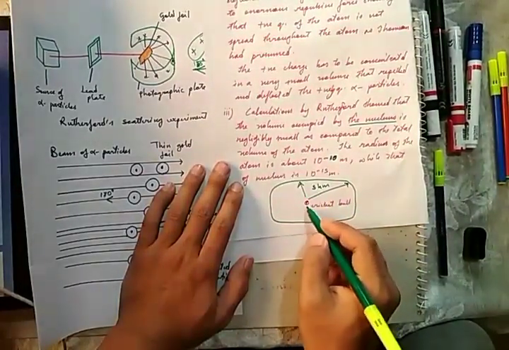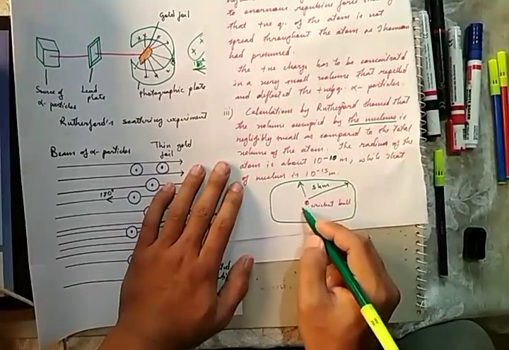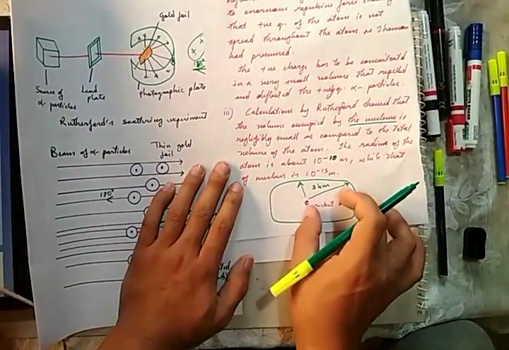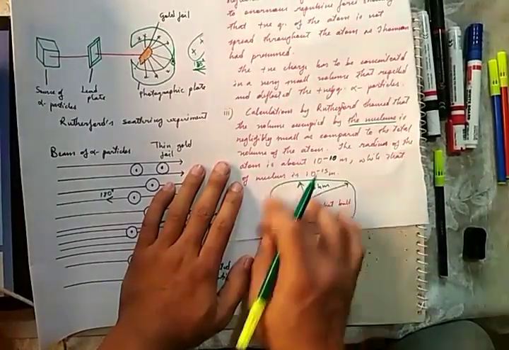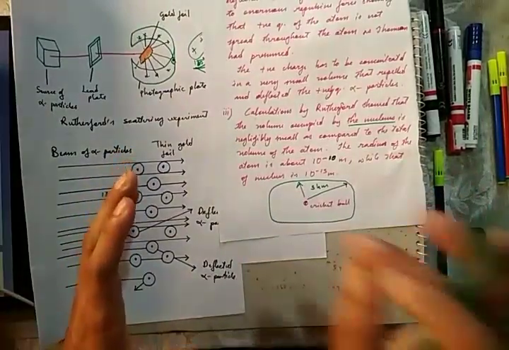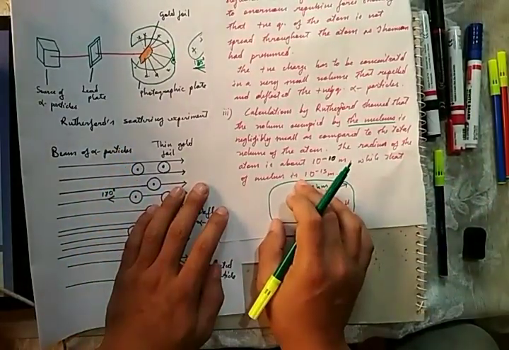It will be like this: the nucleus is the ball, and the field, 5 kilometers apart, is the atom. So the atom is very big and the nucleus is very small compared to it.